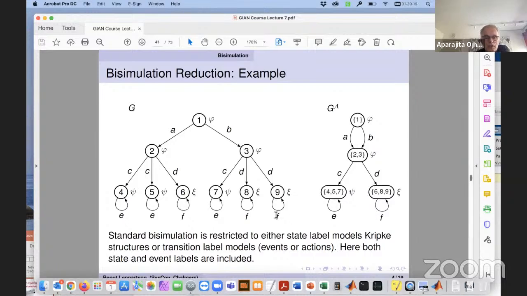And now it's interesting that, of course, this is a constructed example, that these states 6, 8, and 9, the transition to those target states have the same event D, and the source states for those transitions also have the same state label.